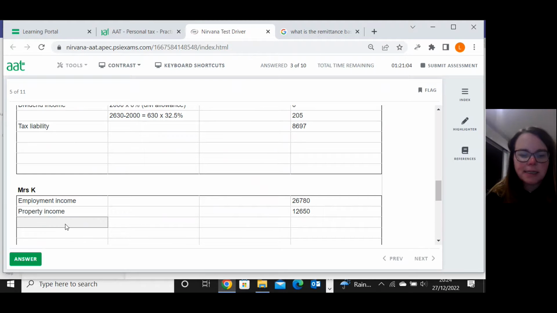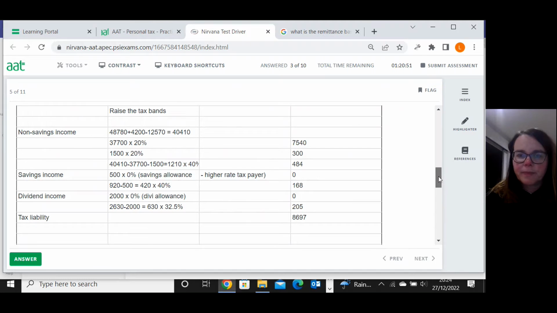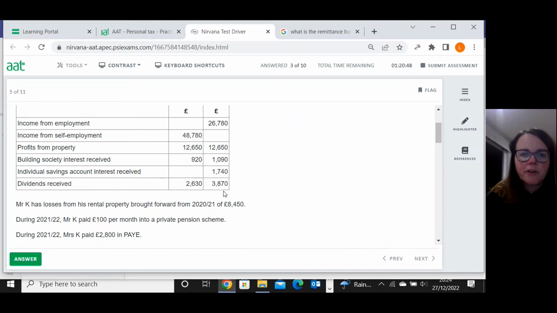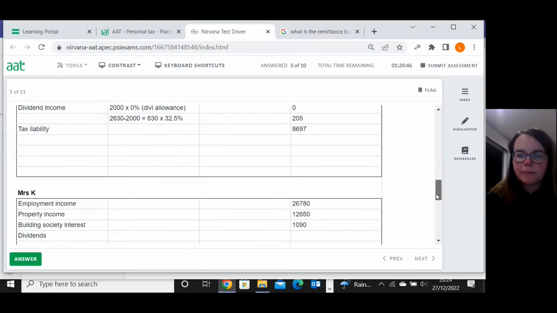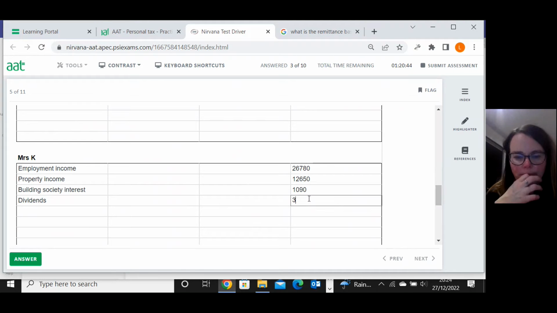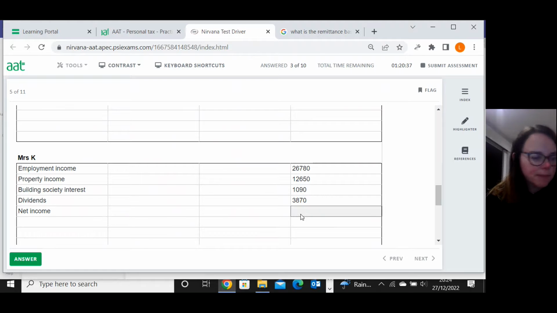And then she had some building society interest. That was 1,090. And then she had some dividends of 3,870. Right, so net income, remember net income means total income, comes to 44,390.